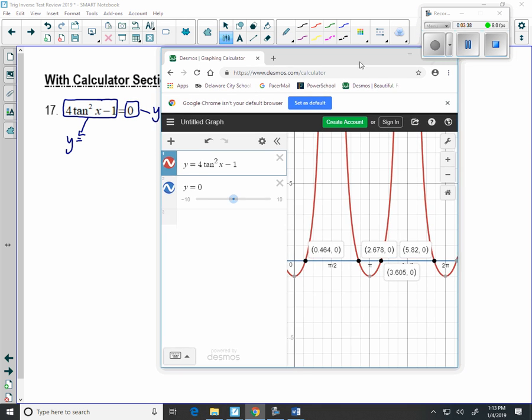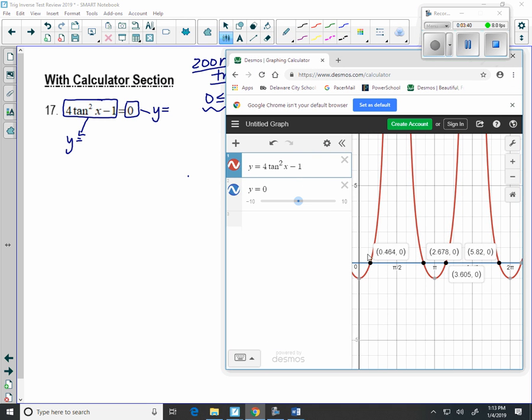What I just did was change my screen so it would look like your screen is going to look when you do Zoom Trig from 0 to 2 pi scaled in pi over 2s. So here there are 4 solutions. The first one is at 0.464.